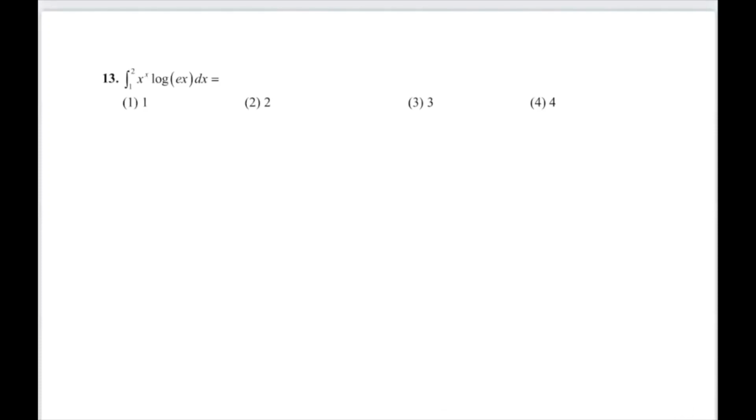Question number 13. In order to integrate the integral from 1 to 2 of x^x log of ex. We know that log of mn is log m plus log n.